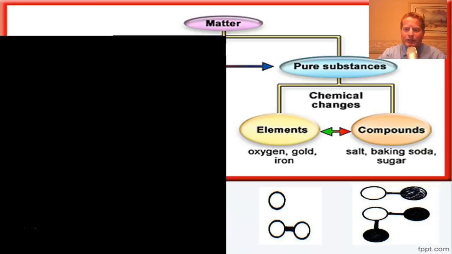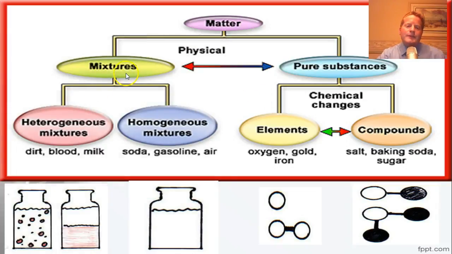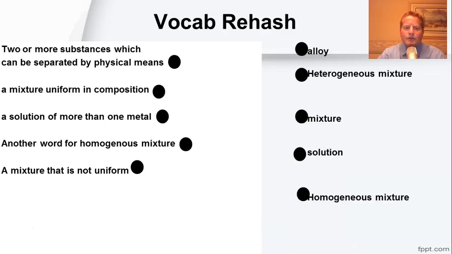So essentially, before we started this, we looked at pure substances, elements and compounds. We said that they couldn't be separated except by a chemical reaction. Now another part of matter is mixtures. And we looked at heterogeneous mixtures and homogeneous mixtures. So let's do now a quick vocab rehash. Two or more substances which can be separated by physical means, that would be a mixture.